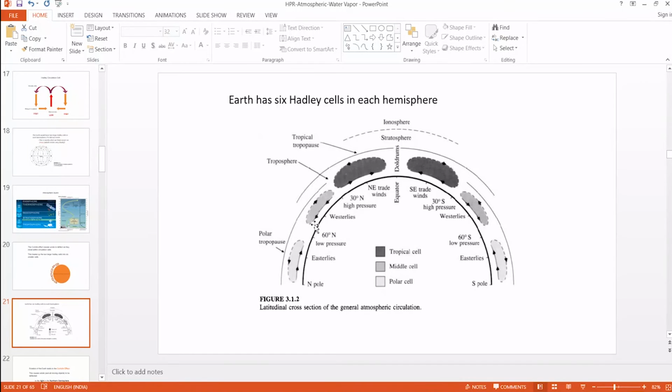At 60-degree latitude, because of the incoming winds from the poles, it goes up. Once it goes up, it blows towards the equator. So this is the intermediate cell. These three cells, or these six cells in one hemisphere, drive the wind system.